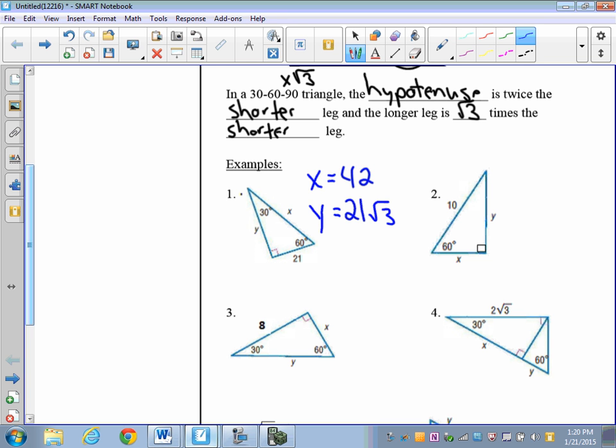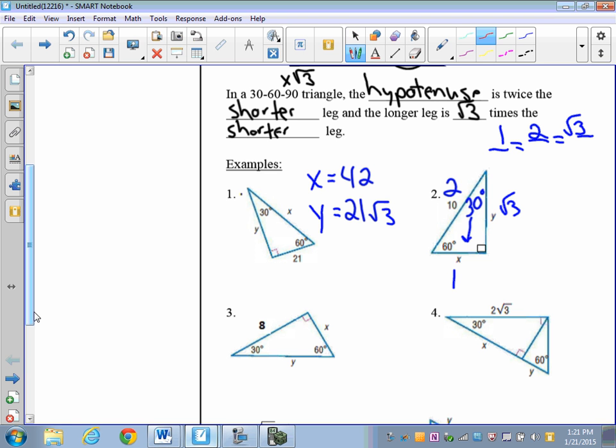So all I need to do is write that same ratio for each one. So where the 30 degree is, remember that's 1 across from 30, square root of 3 across from 60, and 2 across from 90. So I have 1, 2, square root of 3.